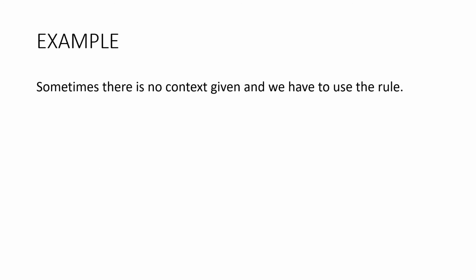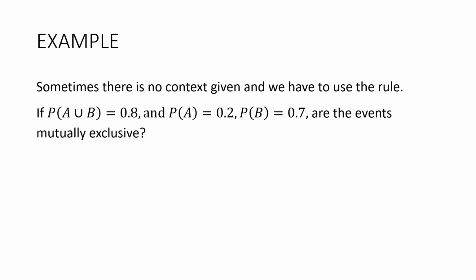Now in that previous example, we could have done it just by looking at the cards and adding them up. But sometimes there's no context given and we actually have to use the rule because we don't know what the experiment is. So like this, the probability of A or B is 0.8. The probability of A is 0.2, the probability of B is 0.7. Are the events mutually exclusive? So here's our rule.